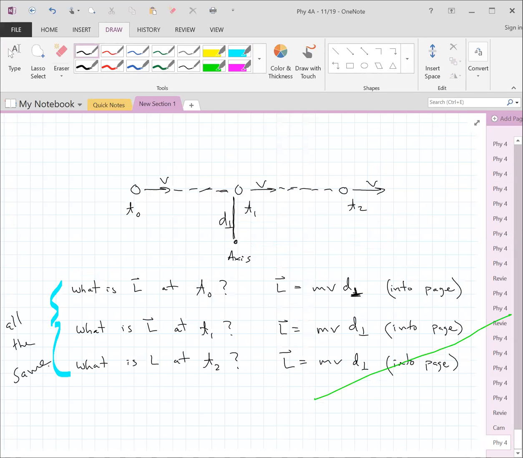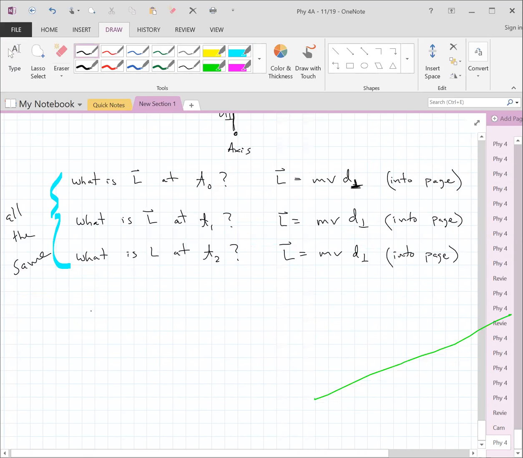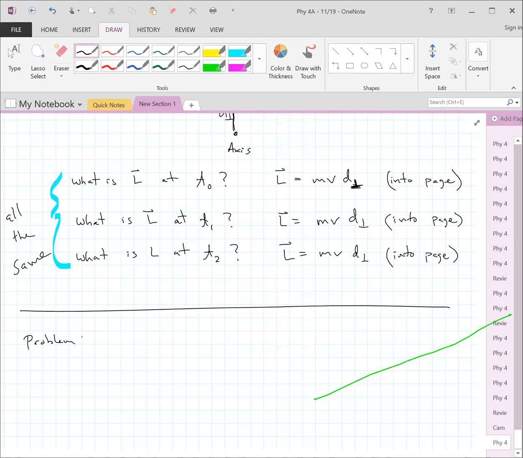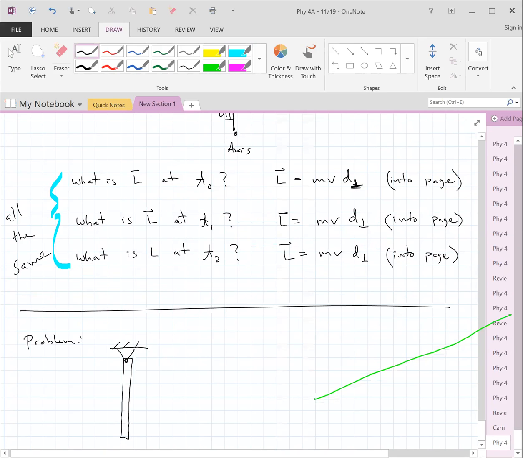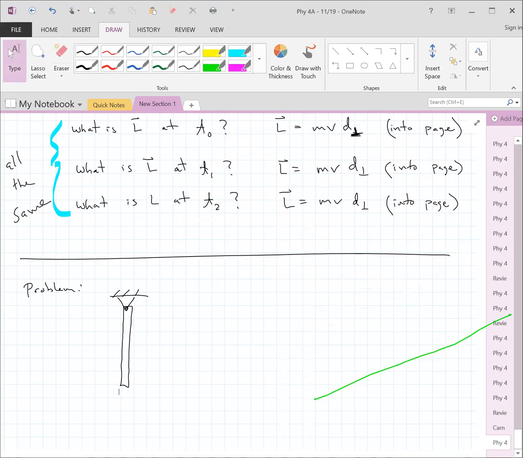Okay, let's do a problem with angular momentum. So we'll have some solid object on a pivot here, and it's just hanging there.